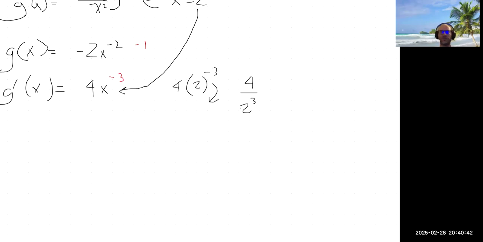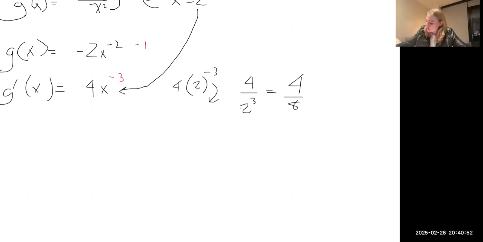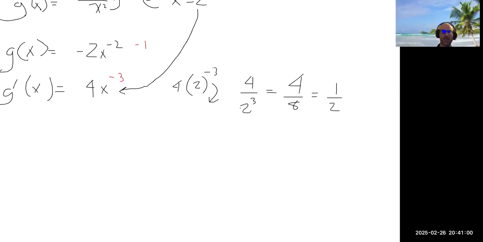I'm not saying you couldn't do it with a calculator. I'm saying you wouldn't need one, because that's just 4 over 2 to the third. 2 times 2 is 4, 4 times 2 is 8. I'm confused about why we went to division. Because we had a negative in the exponent.